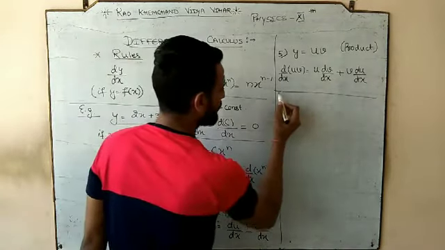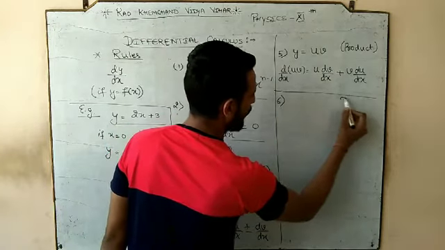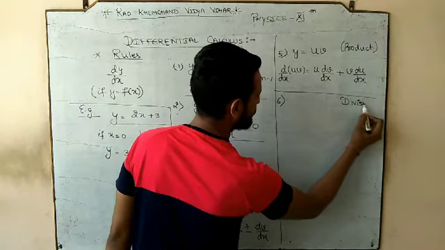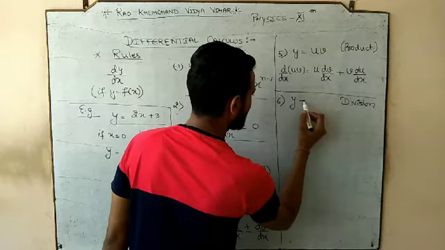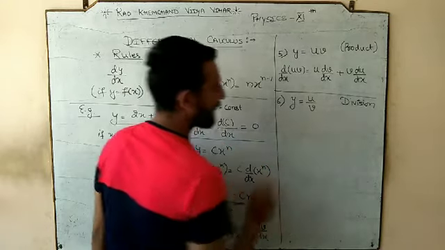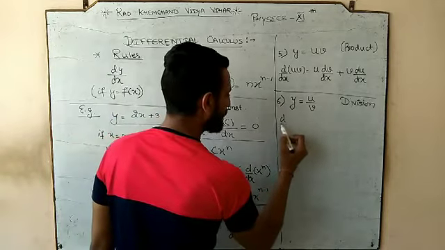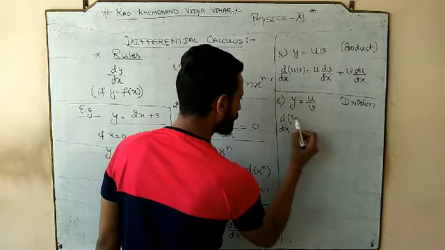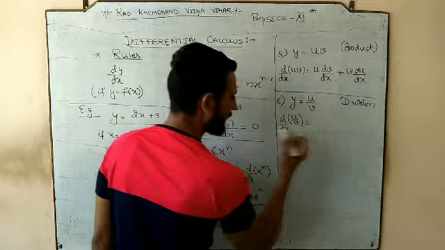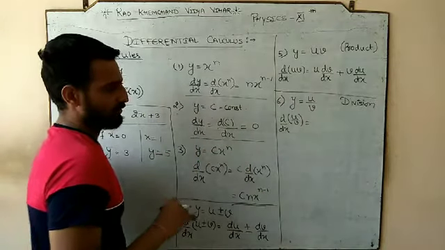Okay. Now sixth rule, you can call this a division rule. If y is equal to u divided by v, so d by dx of u divided by v. What is the differentiation of this rule?